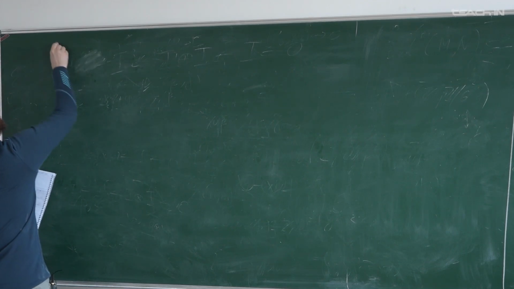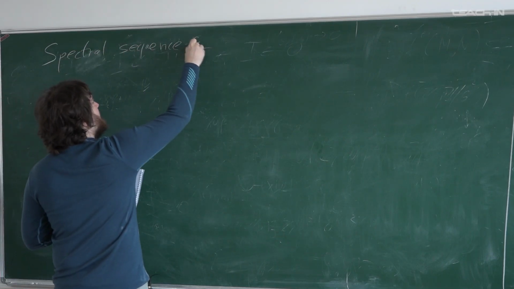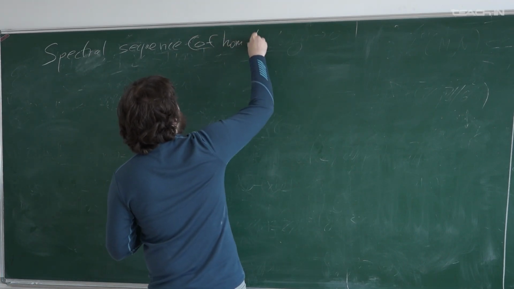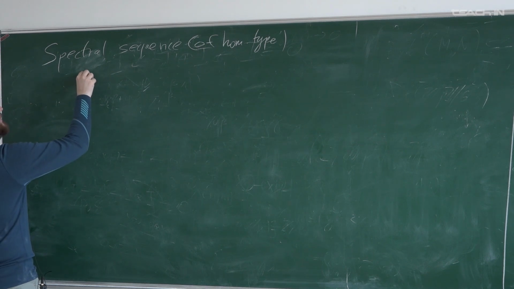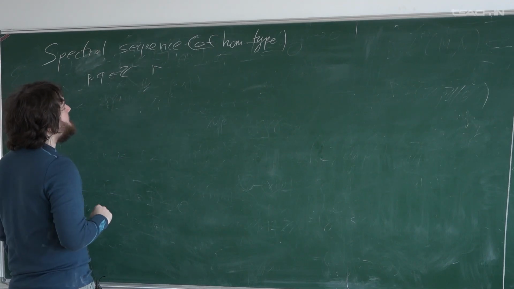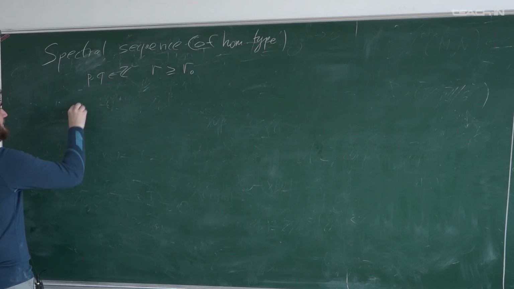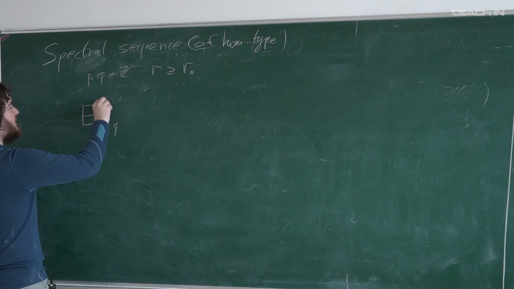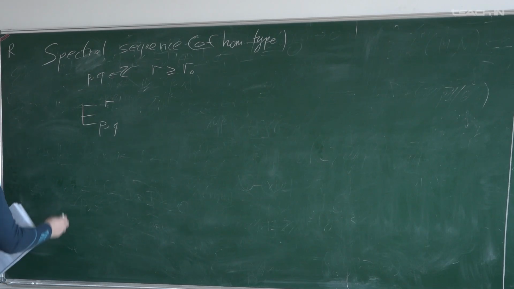So a spectral sequence of homological type is the following thing. We have, for p, q integer numbers, and r natural numbers beginning from something, modules over some fixed ring, which are numbered with these numbers, and this thing is called the r-th page.